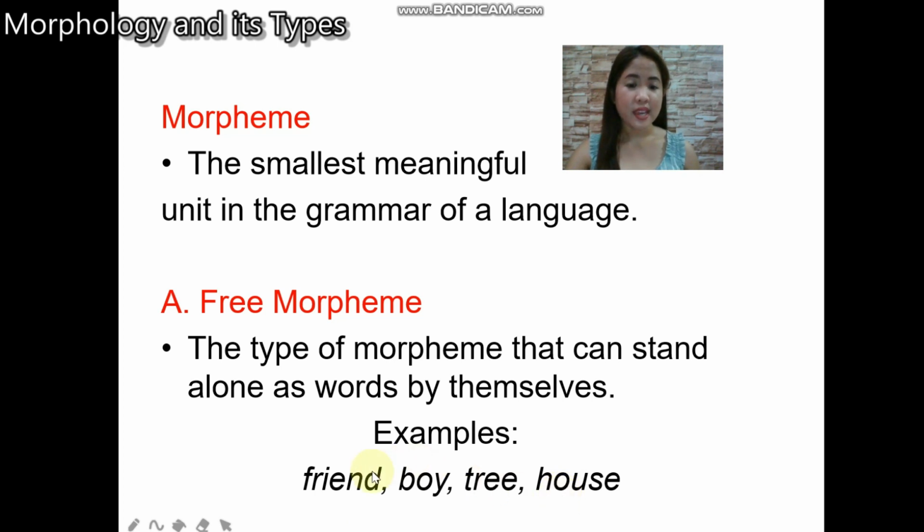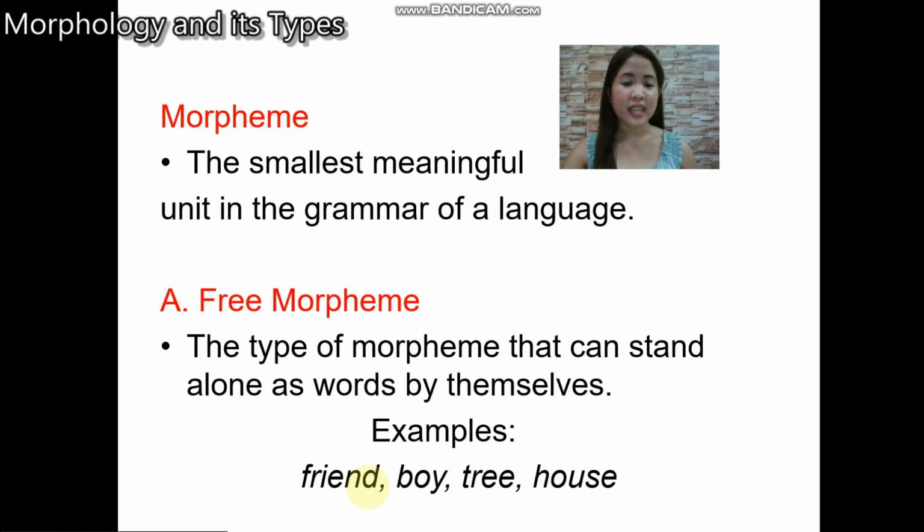Again, these words cannot be split into different units of language because they can stand alone. They can stand independently. They can create their own meaning without adding any more morphemes.